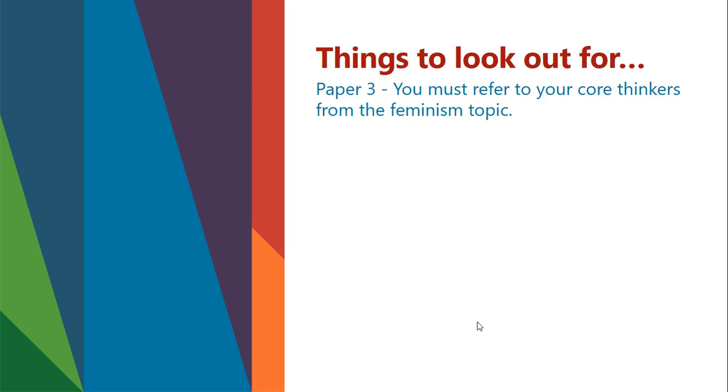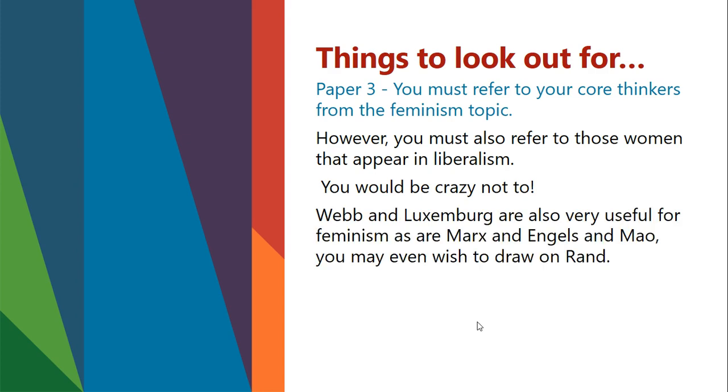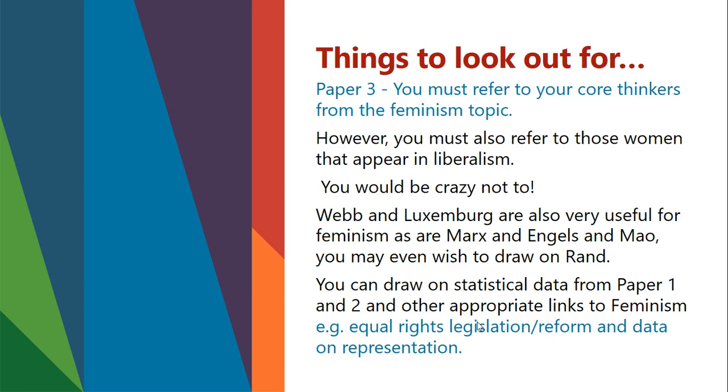In paper 3, you must refer to your core thinkers from the feminist topic, and you must also refer to women that appear in liberalism as well. You would be crazy not to. Webb and Luxemburg are also very useful for feminism, as are Marx and Engels and Mao. You may even wish to draw on Rand.